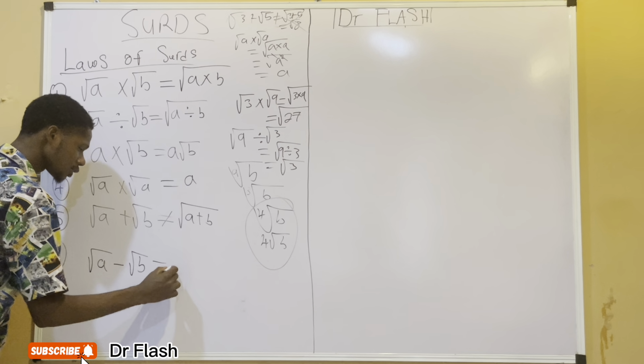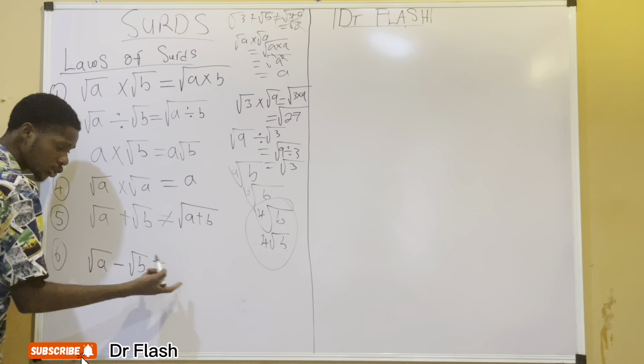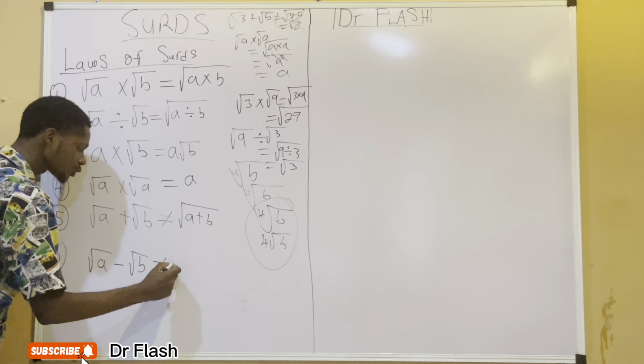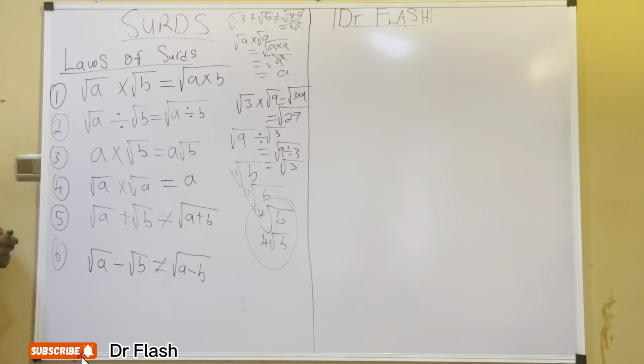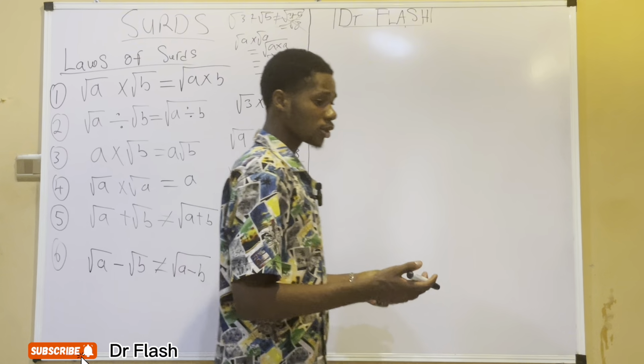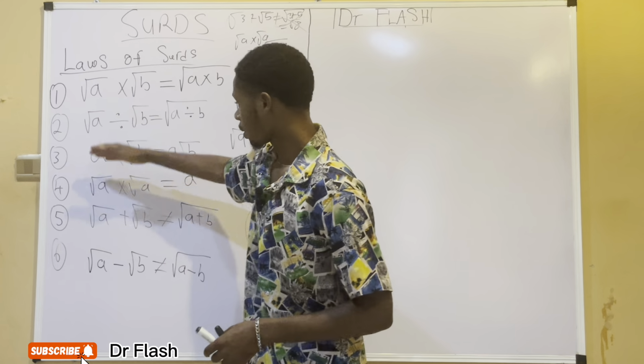It is not going to be equal to the square root of a minus b. Okay, it is not going to be equal to this. So the law doesn't hold for addition and subtraction, but it works for what now? Multiplication and division.